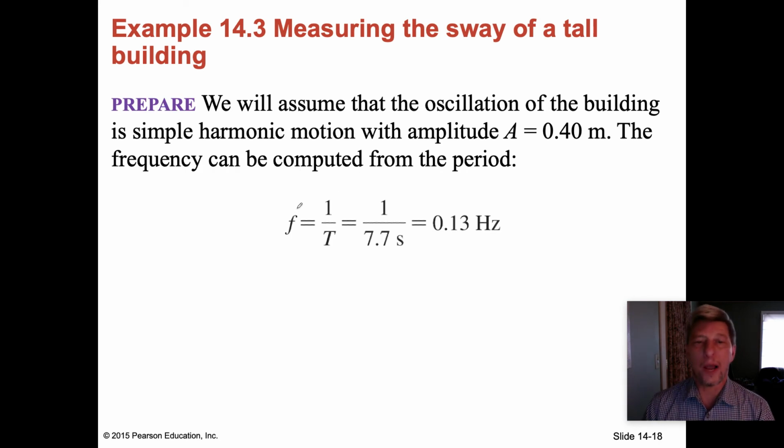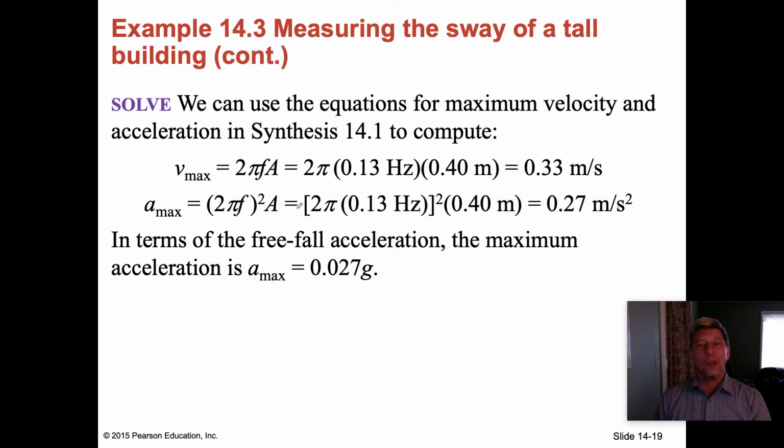So we're going to have to assume that the oscillation of the building is simple harmonic motion with an amplitude of 0.40 meters. The frequency can be computed as 1 over T, and 1 over 7.7 is going to give us 0.13 hertz. So therefore, we can then use the equations for maximum velocity and maximum acceleration to calculate.